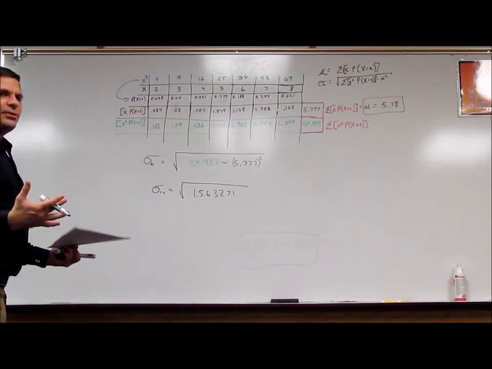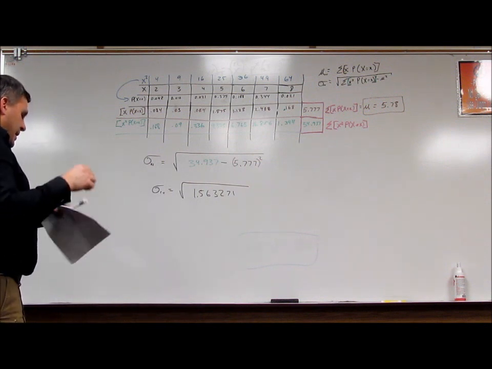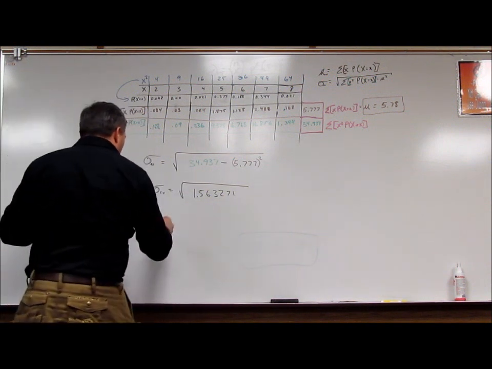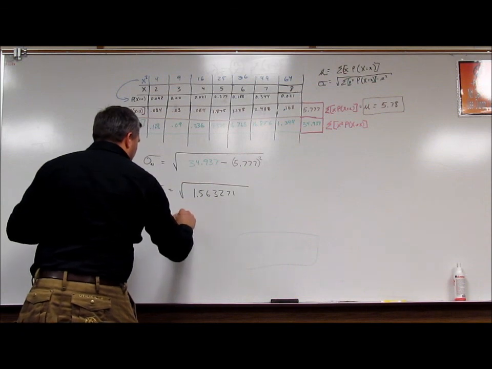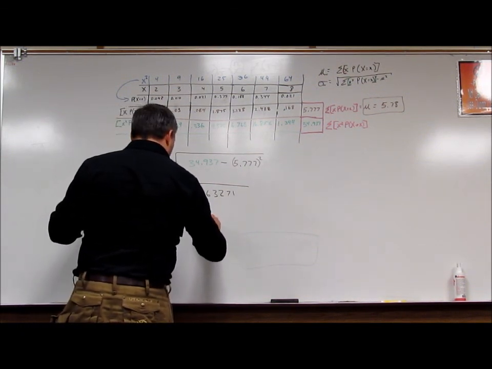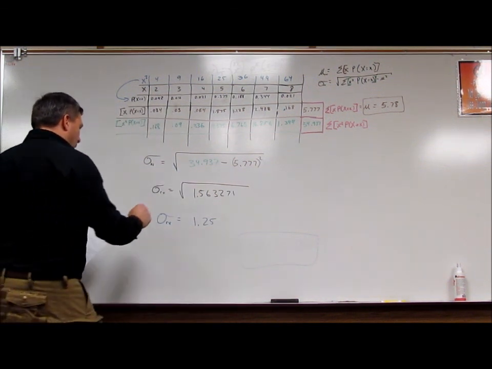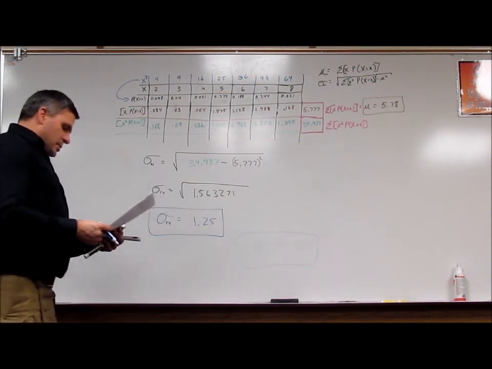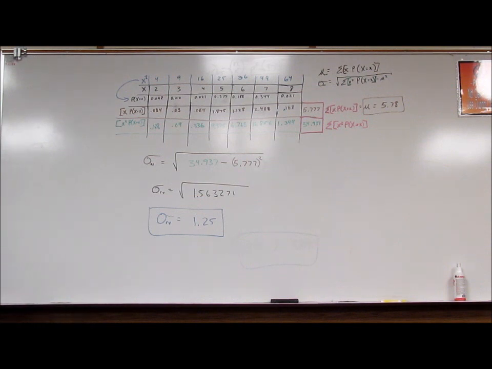Now I take the square root of that number, and I get the random variable standard deviation is equal to 1.25. And that's how you would do that problem.